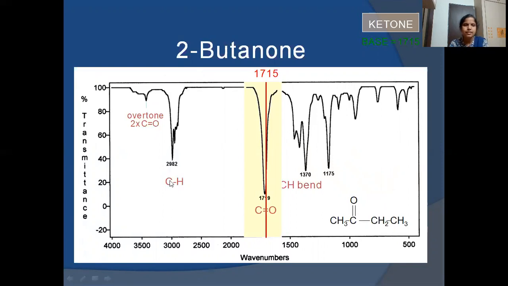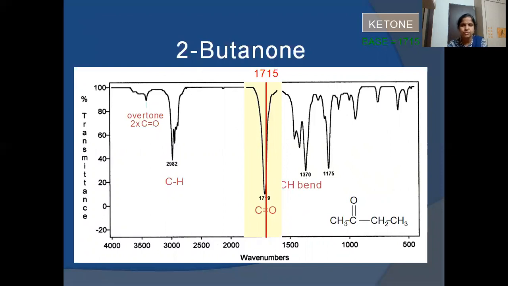Just below 3000, at 2982, there is a band, which is because of sp3 CH. Then we have to look for another intense band at 1715. It is a very strong band, and that strong band gives information that the C double bond O group, the carbonyl group, is present, and the other medium bands are because of CH bending vibrations.